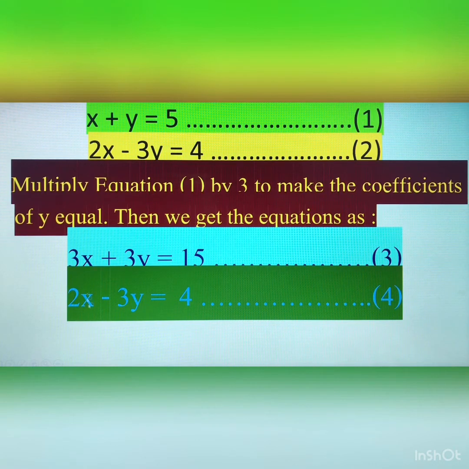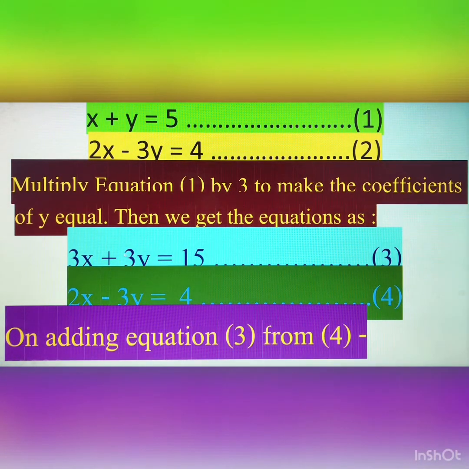When the signs are opposite, then you will add both equations. If the signs are the same, then you will subtract both equations from each other. But here in this case, the signs of the coefficients of y are different, that is opposite. So we will add equations 3 and 4. And when you add equations 3 and 4, then 3y plus and 3y minus cancel out.